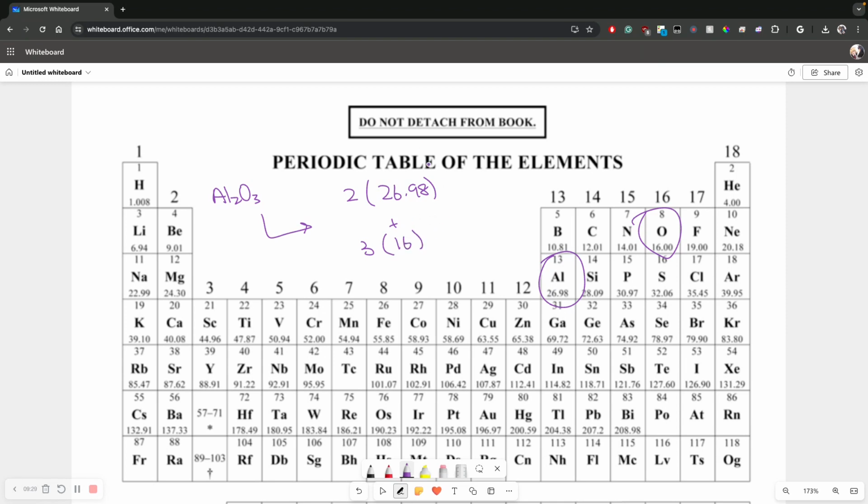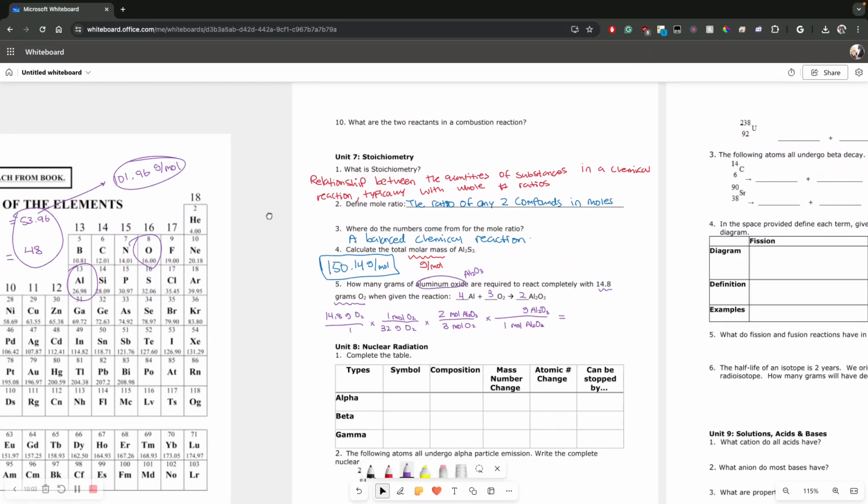If you plug it into your calculator, 2 times 26.98 will give you 53.96. And then 3 times 16 will give you 48. And 48 plus 53.96 will give you 101.96 grams per mole. That is going to be the magic number that we use.